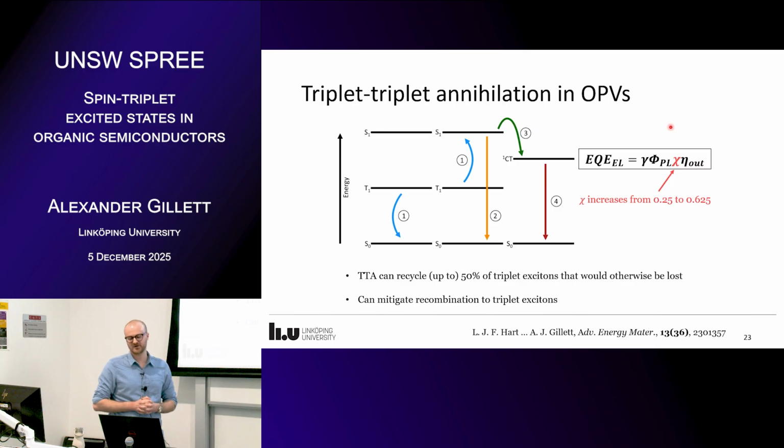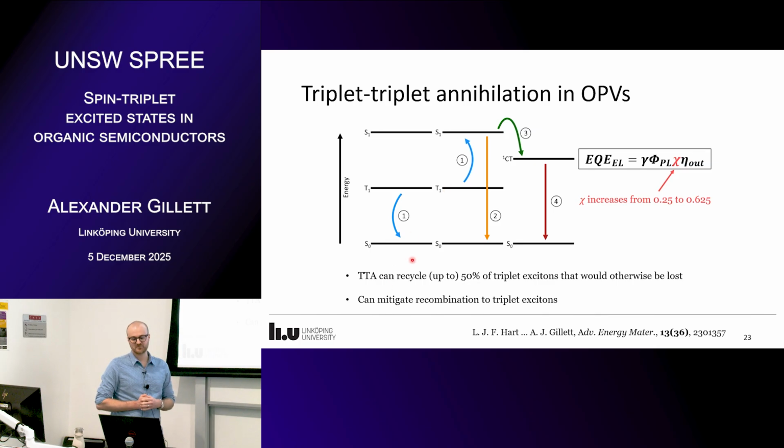So we thought, well, if it's good enough for a blue OLED, is it good enough for OPVs? As you may be familiar from the singlet fission world, TTA is just the opposite process. Two triplets can bump into each other, depending on the energies of the singlet, triplet, and quintet triplet-pair states. You can get lucky if everything aligns well, and then you can take your two triplet excitons and, in the best case, make one singlet exciton and one singlet ground state.